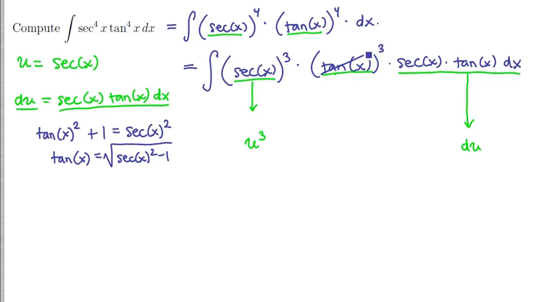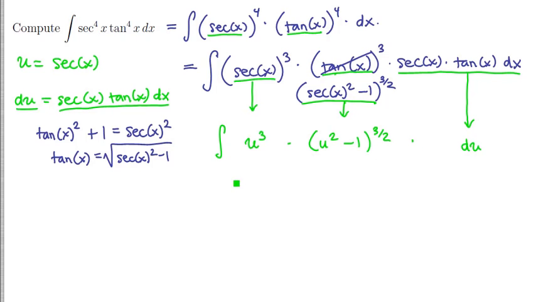So when we raise it to the third power, this is the same thing as the secant of x quantity squared minus 1 to the 3/2 power. And now we can replace this with u squared minus 1 to the 3/2 power. And so this would become the integral we'd have to work with. The integral of u cubed times u squared minus 1 to the 3/2 power du.